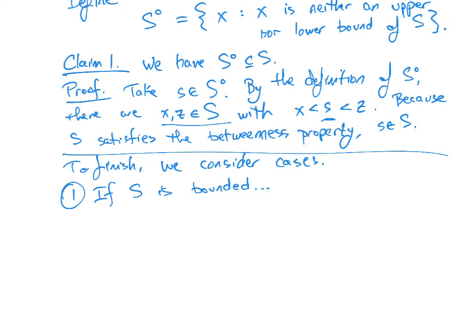The infimum and the supremum are not in S naught. But anything between them is in S naught. And that's because anything between them, it can't be a lower bound because it's bigger than the infimum, and it can't be an upper bound because it's smaller than the supremum.